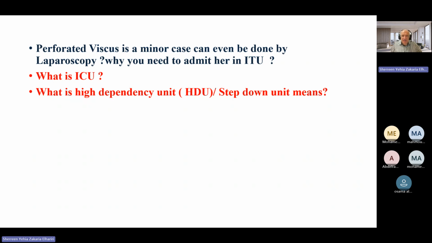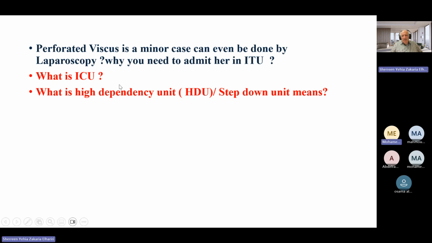You just have a hole, and you can make a suture and put an omentum patch. So why do you need to admit the patient to ICU? But her lactate is more than 2, it is 4. She will improve, the sepsis will improve after putting in a drain and removing all the sepsis. So why do you need to admit the patient to the ICU?